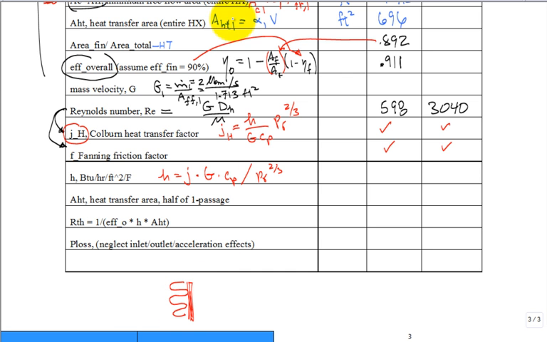I know it's flowing the other way, but I'm going to show it like this too. And what I do is look at the symmetry section to get the fin length to be half B because of symmetry.